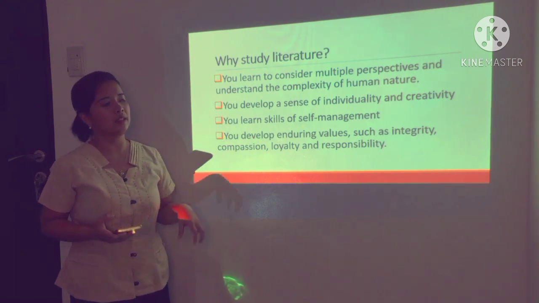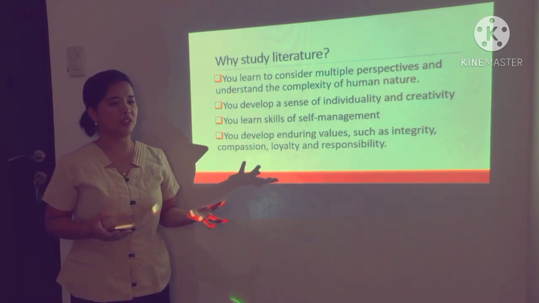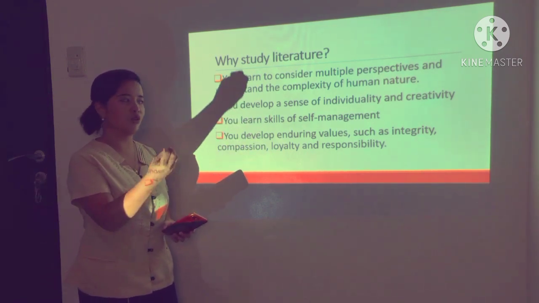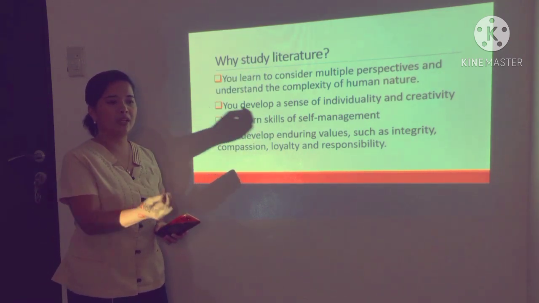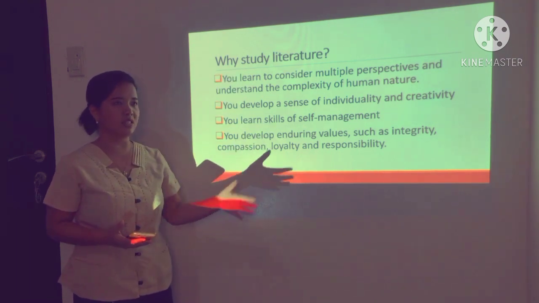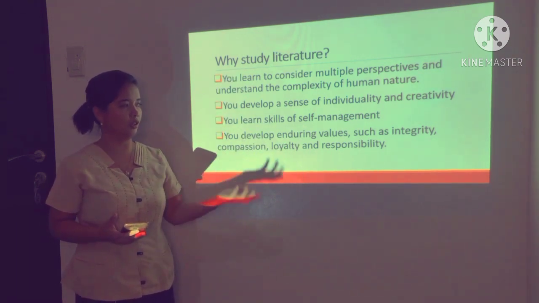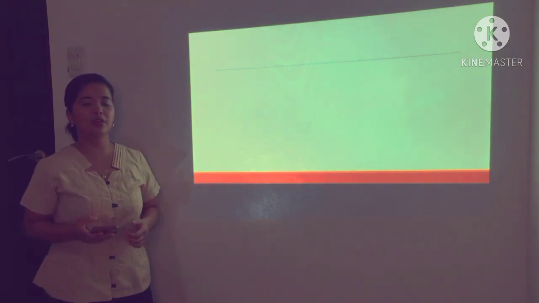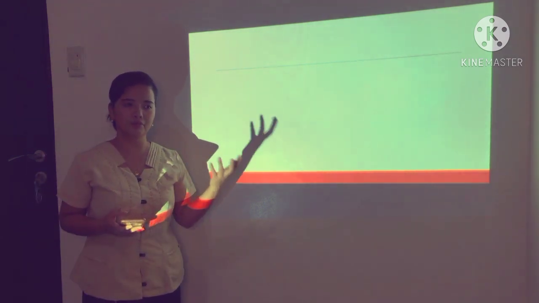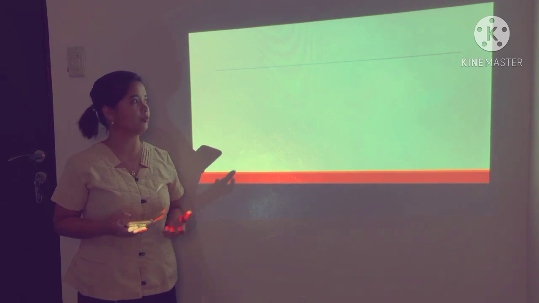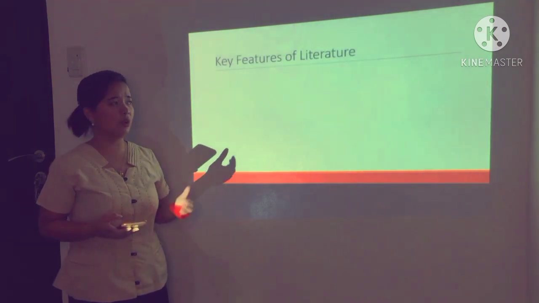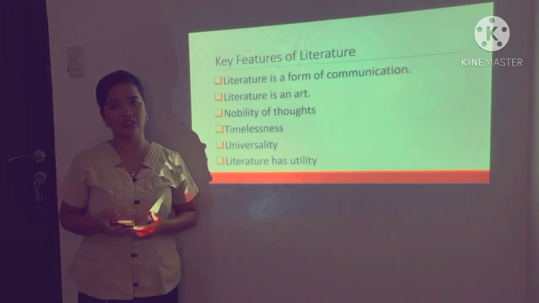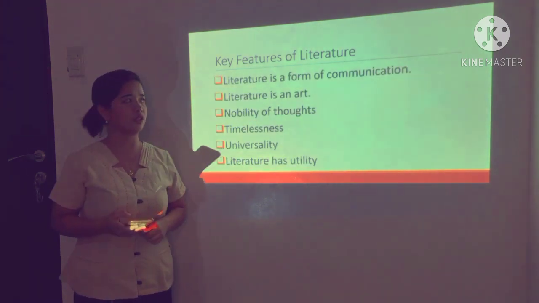So with that, being exposed to literature, you are also molding yourself with values that include integrity, compassion, loyalty, and responsibility. Those are the reasons why we need to study literature. And now, we'll be moving on to the key features of literature. These are the ingredients of literature.